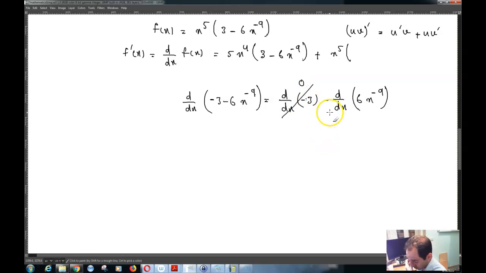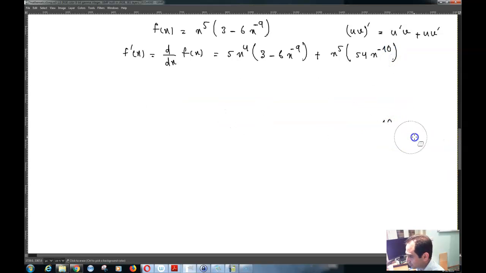So then d by dx of basically 6x raised to the power -9 is negative 54x raised to the power -10, and you have a negative sign over here, so this becomes positive. So that's 54 x raised to the power negative 10.